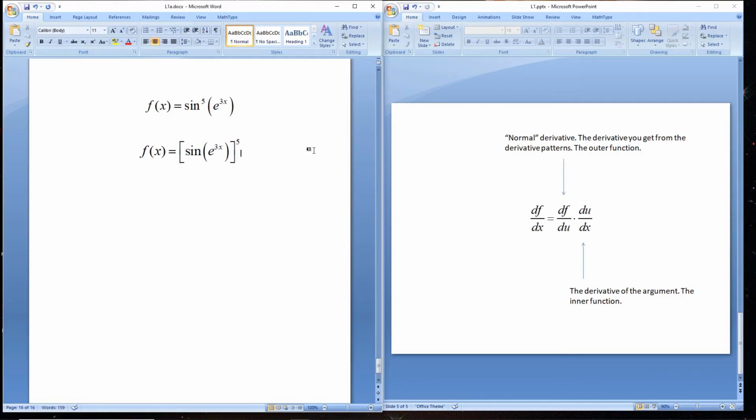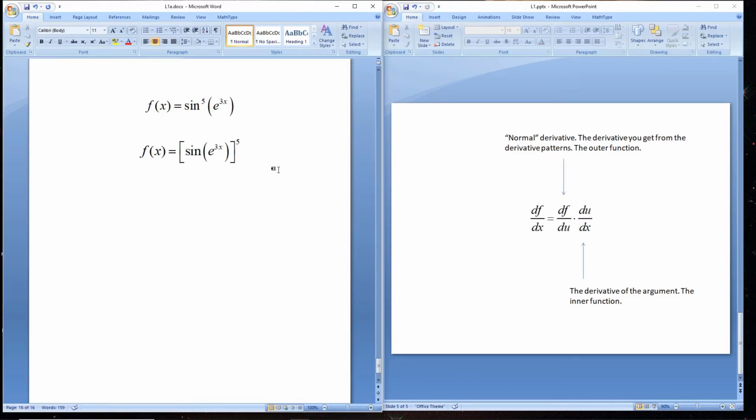The outer function is a power. As you read this left to right, the first thing you encounter is the parentheses, indicating this is all raised to the 5th. So a little bit deceptive because of this shorthand notation by putting the 5 there. Very common though.